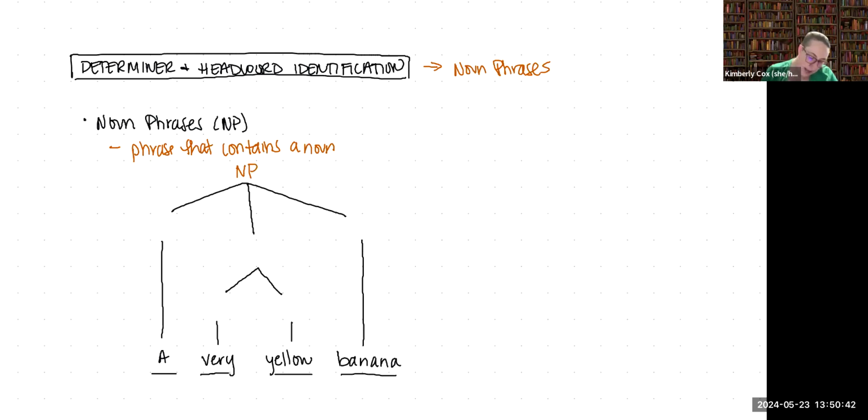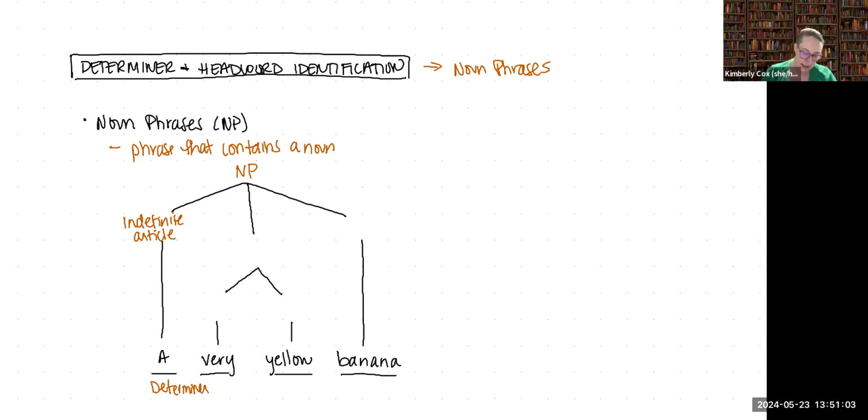Now, a is what we would consider to be an indefinite article, which means that we're just talking about any old banana. It doesn't have to be the specific banana. But what that means is that a functions like a determiner. I will spell it out this time.